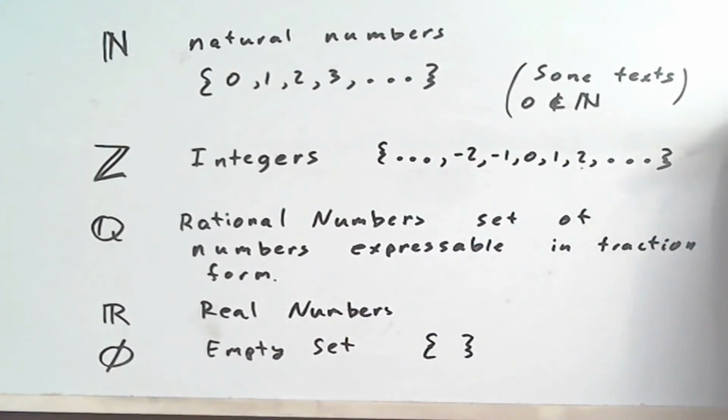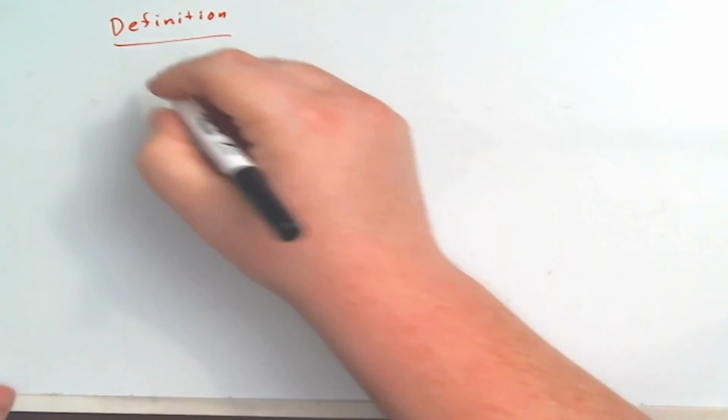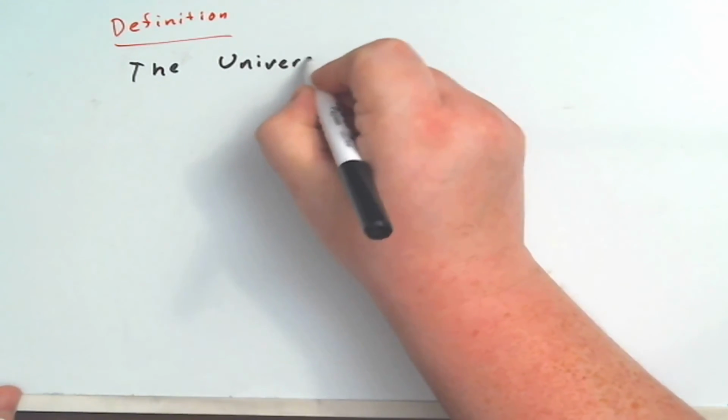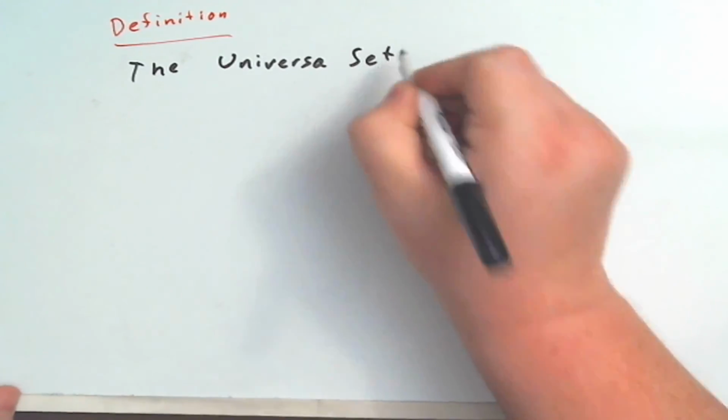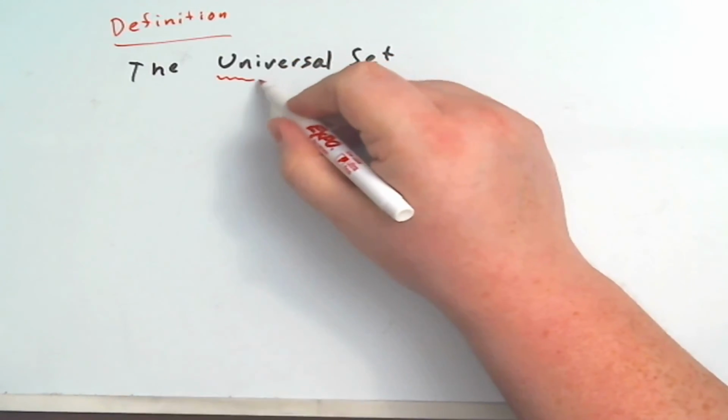Okay? Now, for the purposes of what we are going to do, a really necessary concept is the concept of the universal set. Okay? And this brings us to our next definition. We're going to have a lot of these throughout this series, okay? So the universal set, and we're going to underline that because that's what we're defining here.